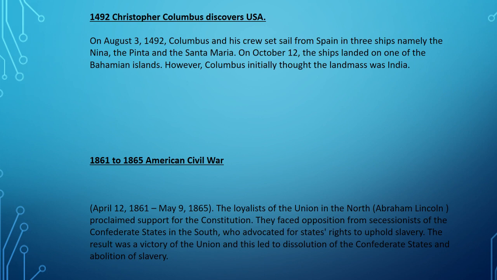They landed in one of the Bahamian Islands on the west of USA. Actually, Columbus was trying to prove that he can reach India by sailing west from Europe. So that's why he thought that those islands were India.